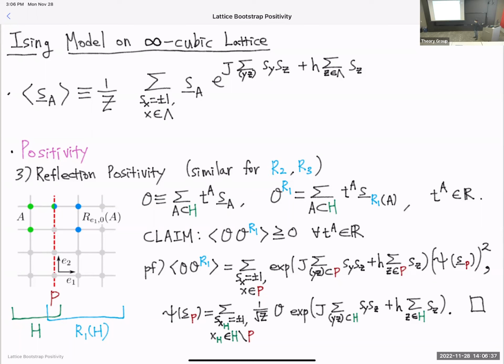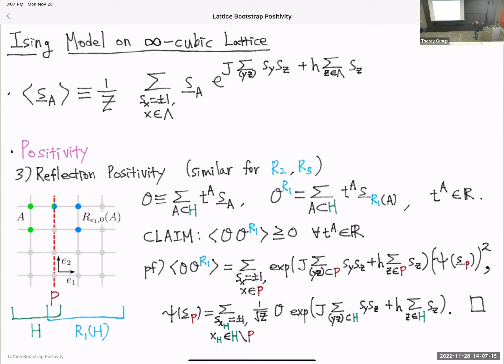So in this first reflection, again, the reflection axis is along this vertical on-site line, which I'm going to call P. And I'm going to call the left half space H, which in particular includes P. I'm going to consider spin correlators which are real linear combinations of spin insertions only in the left half space, and its reflection is defined in the following way.